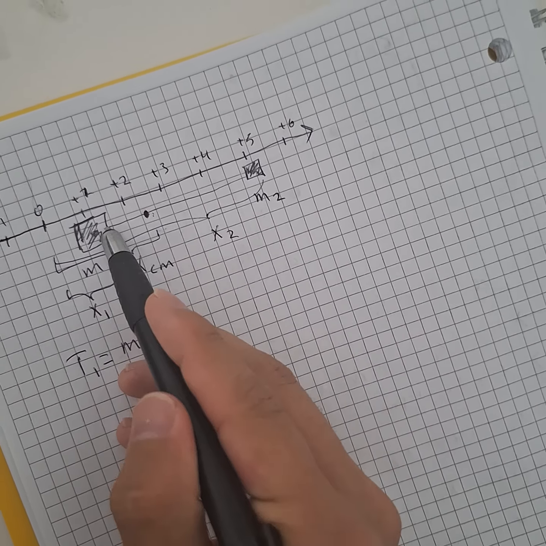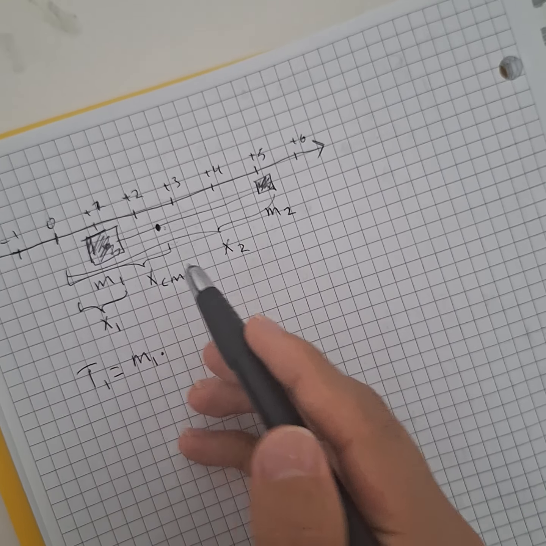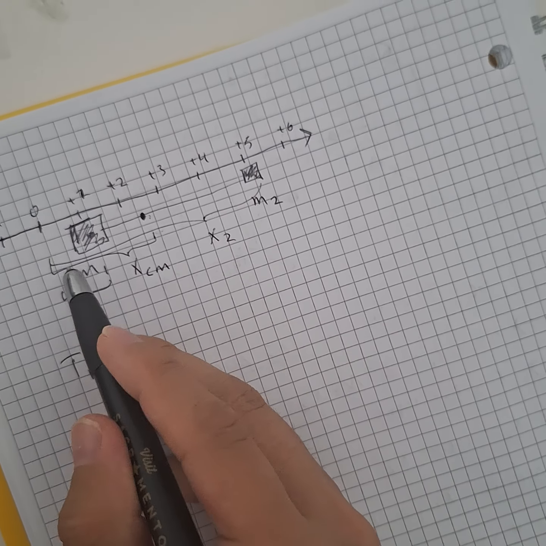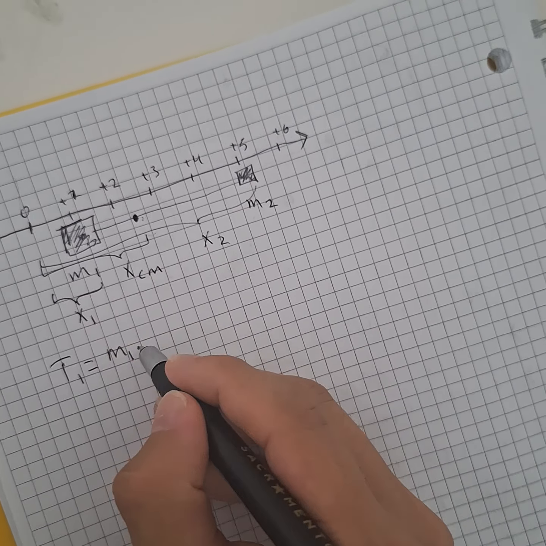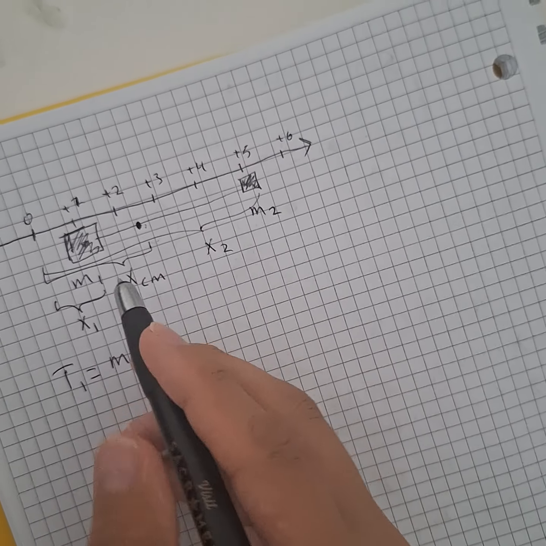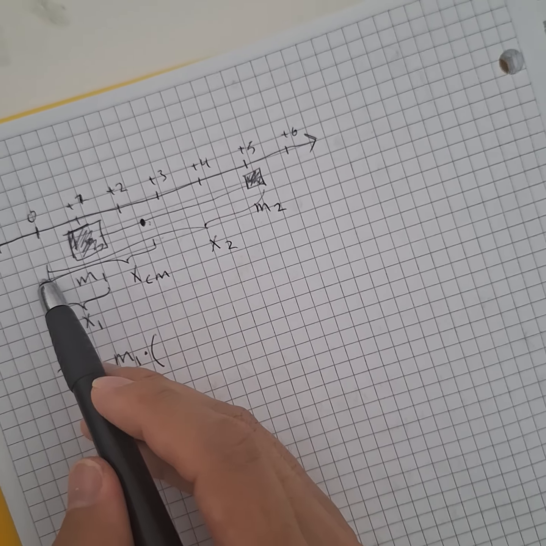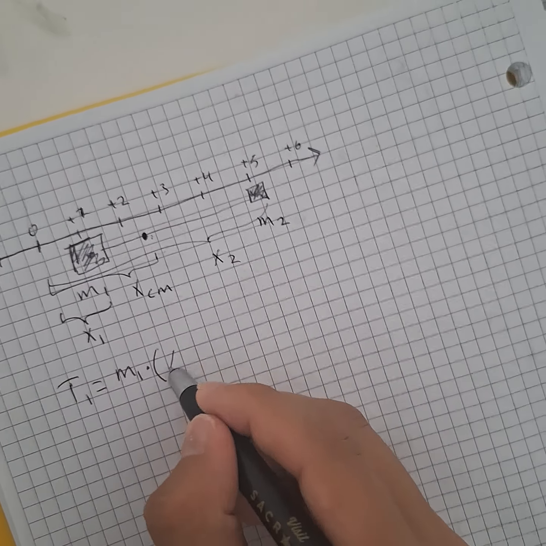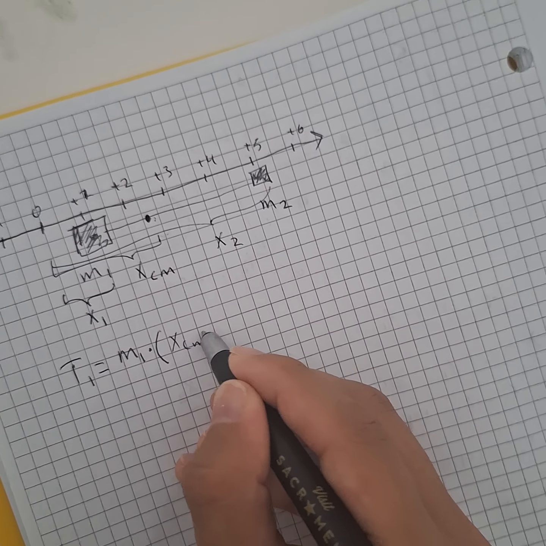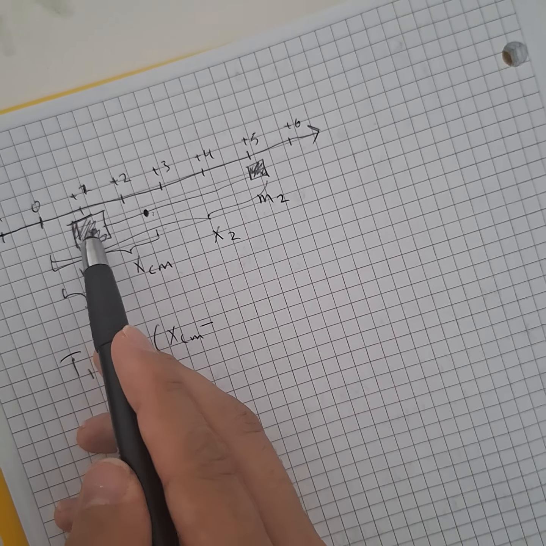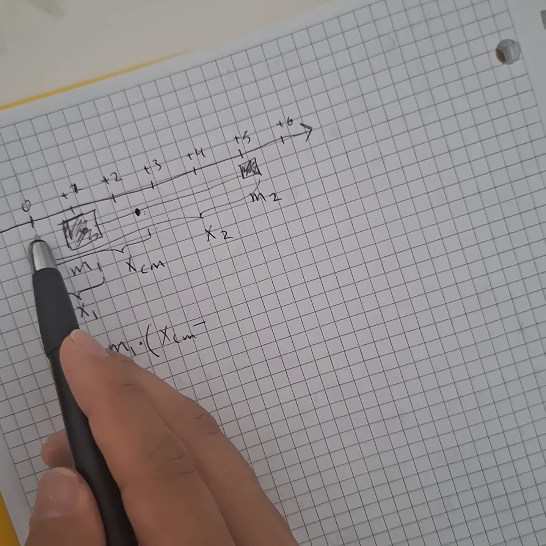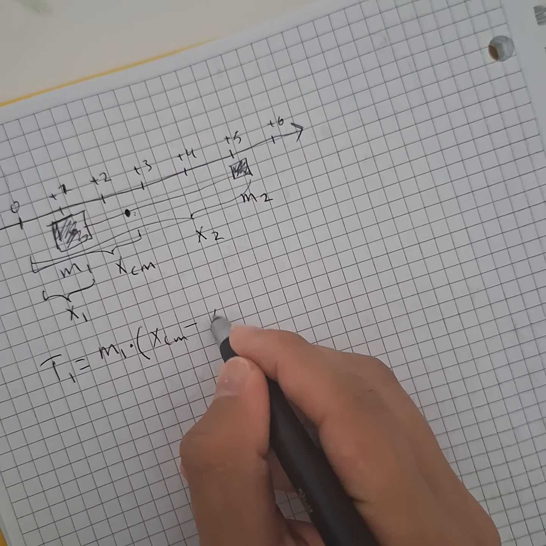Now, how do we find the distance from the center of mass given the distances from the origin? Well, it's easy. You take the distance of the center of mass from the origin, which is x of cm, and subtract the distance of the first mass from the origin, x1.